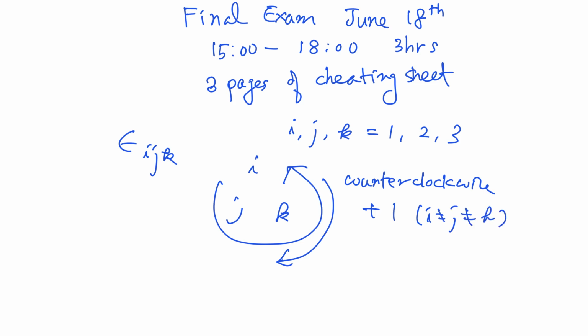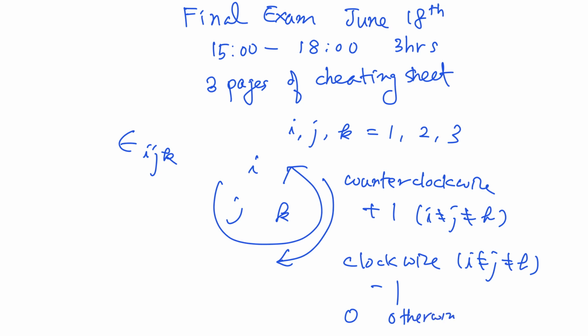And if clockwise, and i, j, and k are all different, it's minus 1, and 0 otherwise. That's the basic property of the Levi-Civita symbol. So 1, 2, 3 can be either x, y, z.